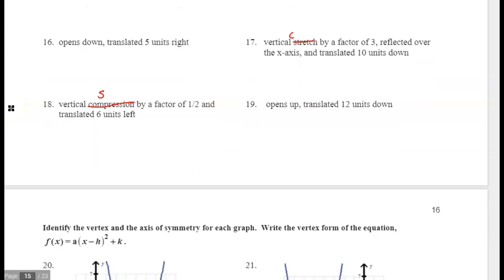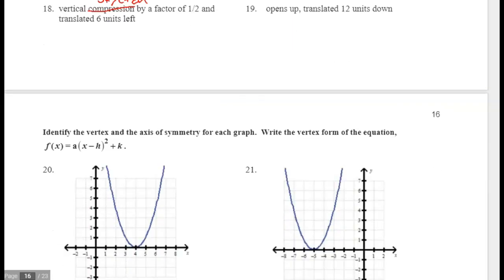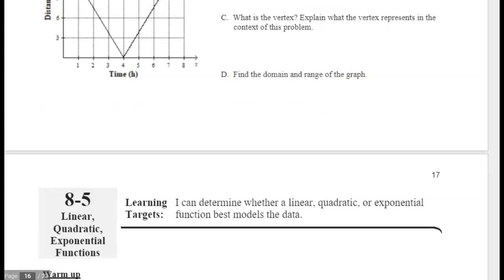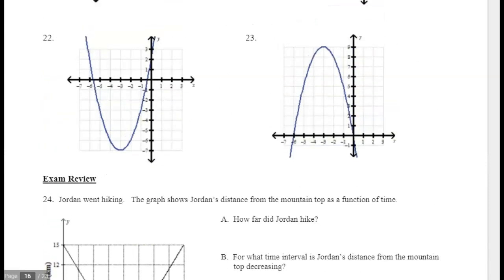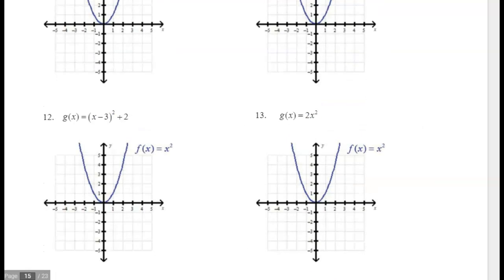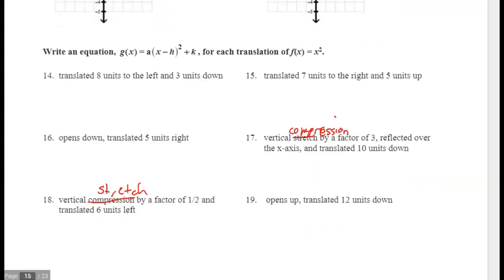So those ones are backwards. Just a little fix there. And there's one exam review question. So you're just finishing this up. So it is 14 through 24.